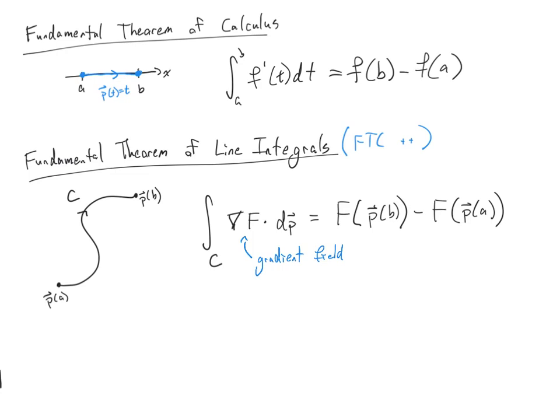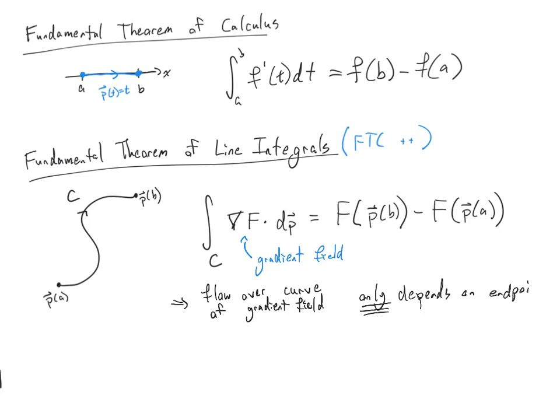So this is telling you that the flow over the curve of a gradient field only depends on the endpoints. And it doesn't depend on the field at the endpoints, it depends on the potential function at the endpoints.